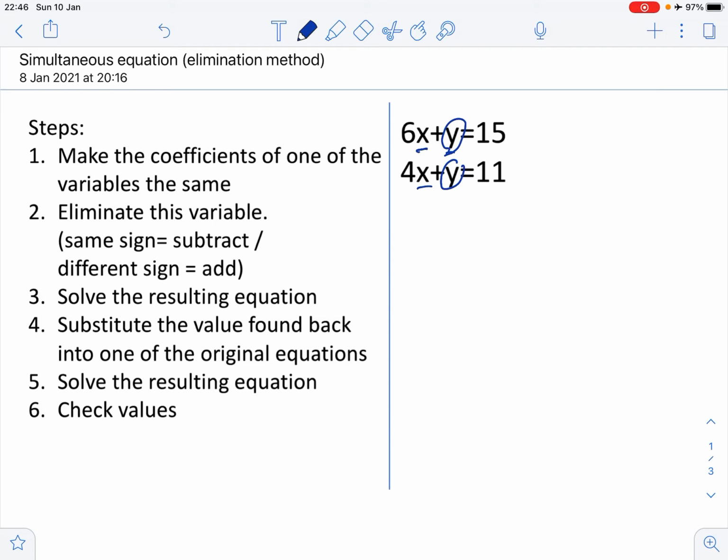So step 1, make sure the coefficient of one of the variables is the same. A coefficient is the number in front of our letter.